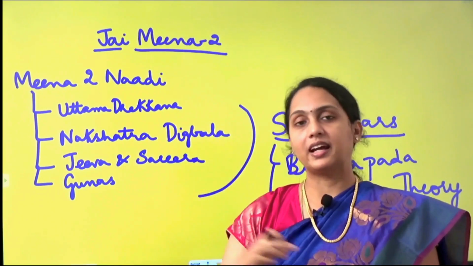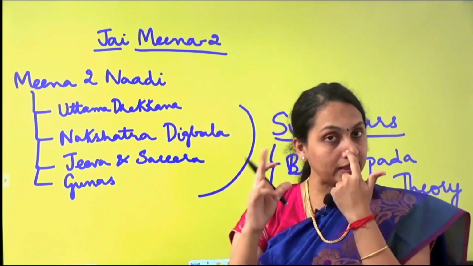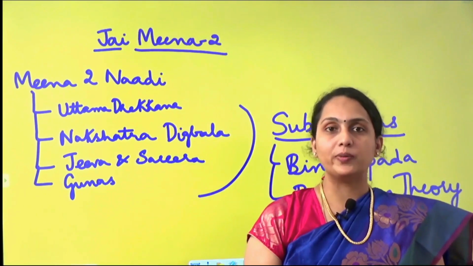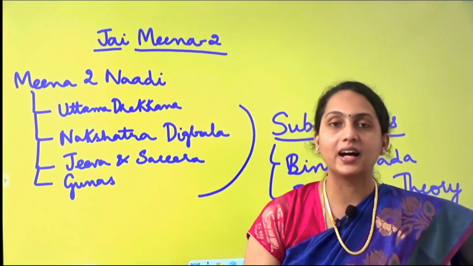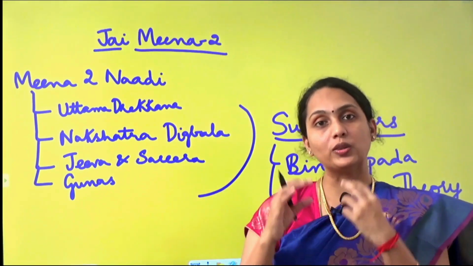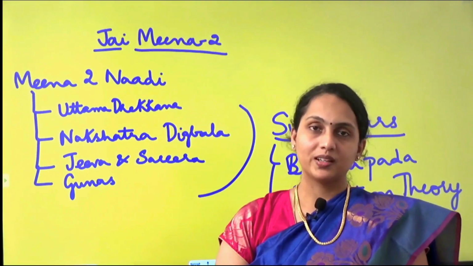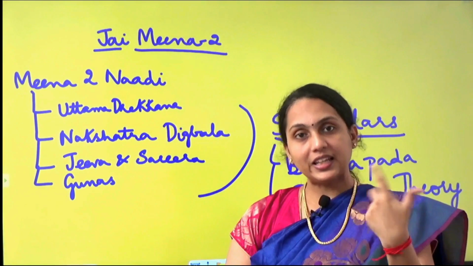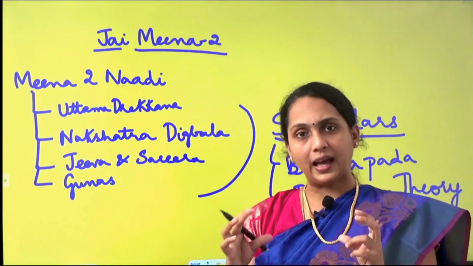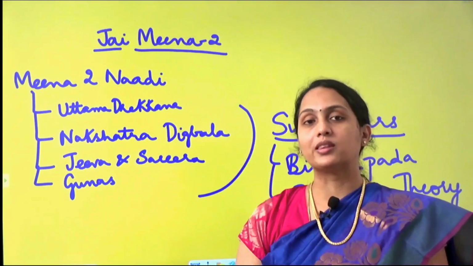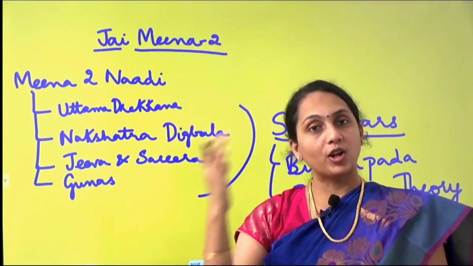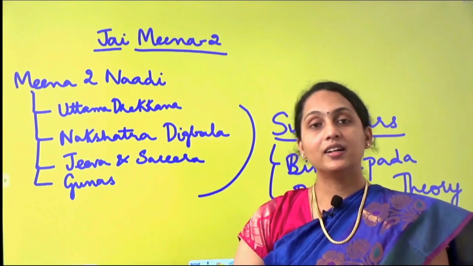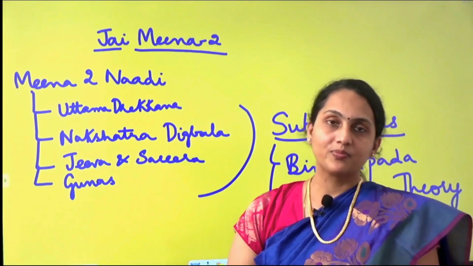Of these 3 Drekkanas in a rasi, 1 Drekkana is considered superior to the other 2. It is considered uttama. That is called Uttama Drekkana. So in each rasi we have 1 Uttama Drekkana, and across the zodiac there are 12 Uttama Drekkanas.